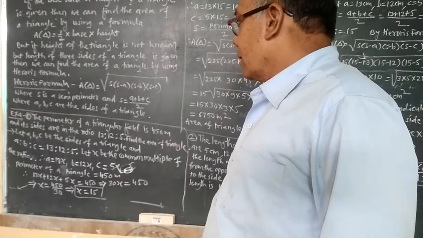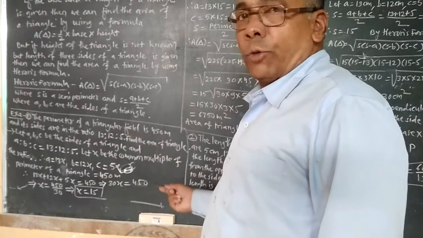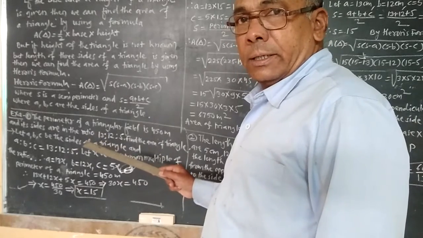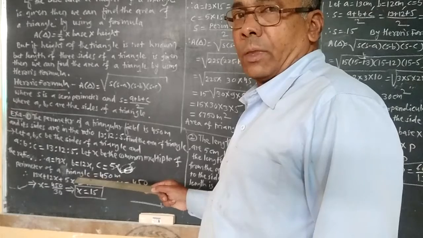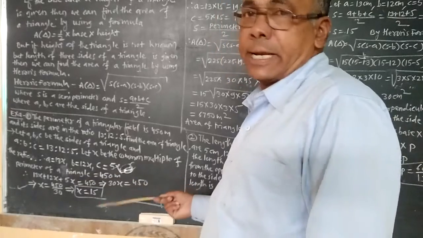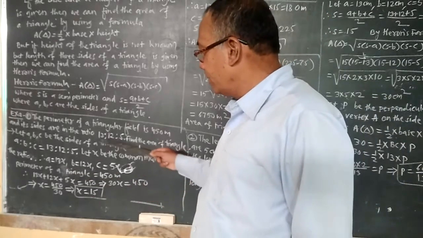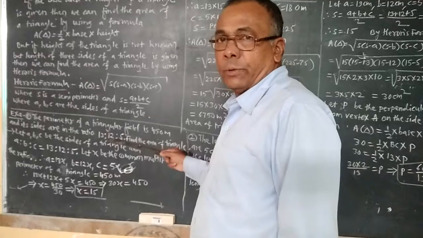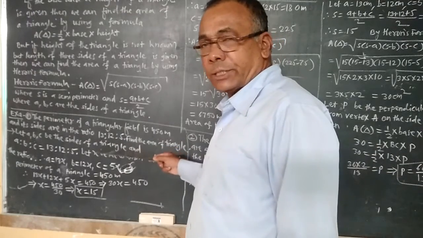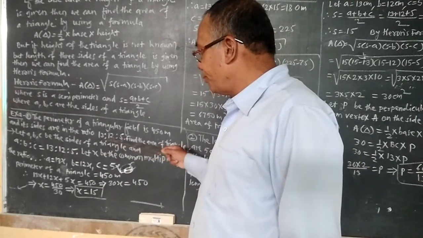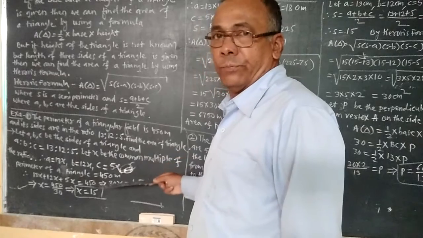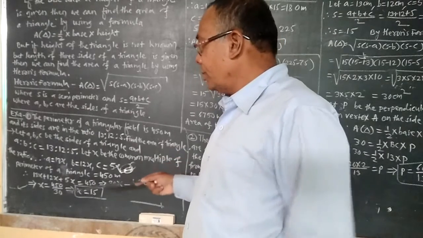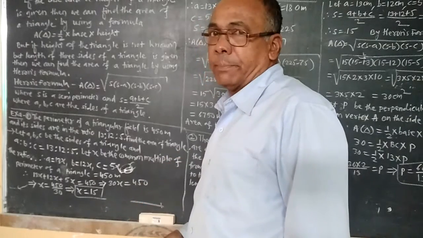Here the lengths of the sides of the triangle are not given directly. Here the sides are given in the ratio, and the ratio of the 3 sides is 13:12:5. So here we will solve this example.